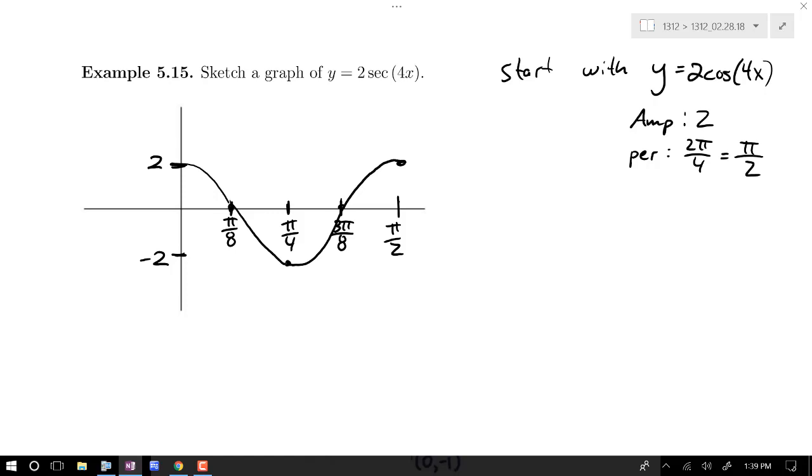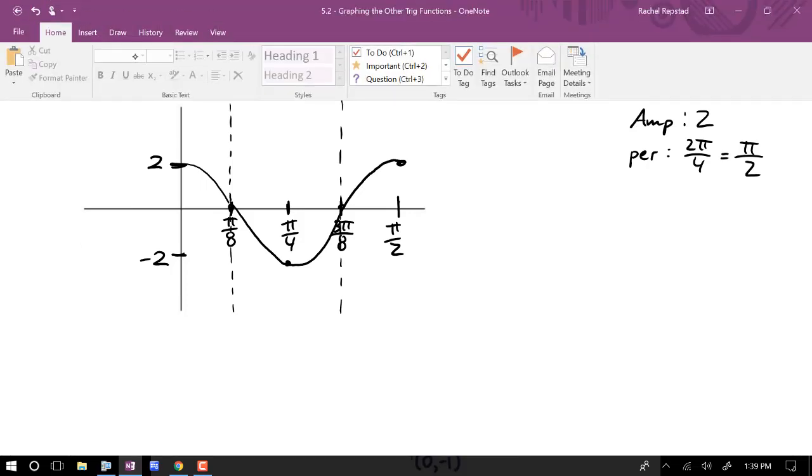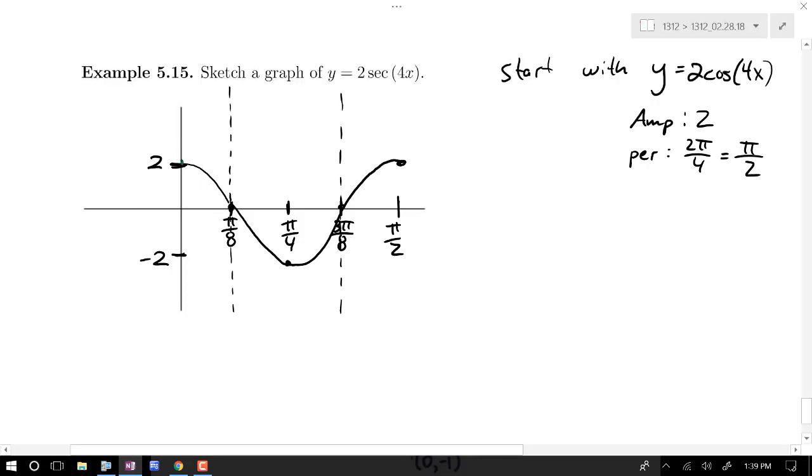Once I have this, then I proceed just like we did in the previous example. I draw my asymptotes where the cosine crosses the x-axis. I know that the curves just barely touch at the peaks and valleys, and then I draw in the U-shapes where they go. So here we are. There's that curve, that curve, that curve.